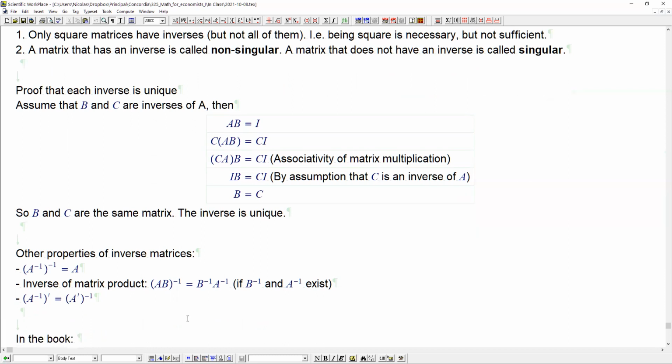Now in the book, in the Chang, you have geometric interpretations of vector operations.